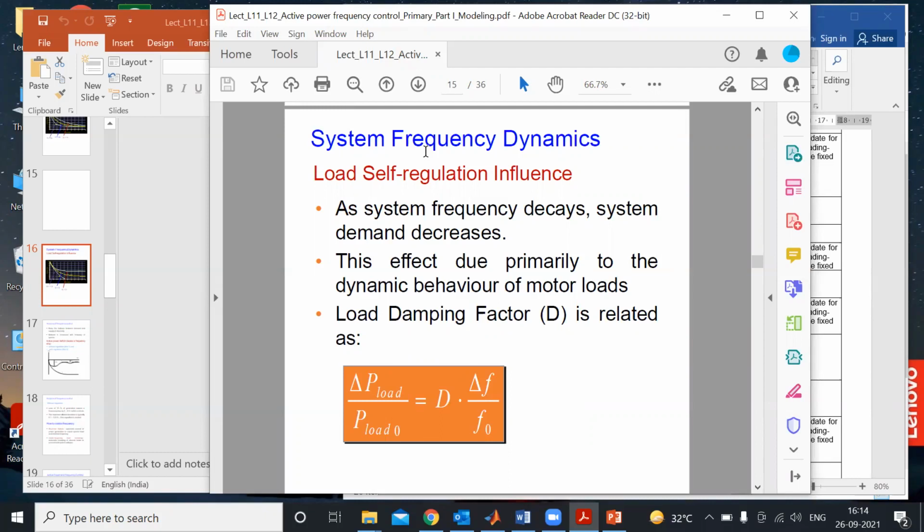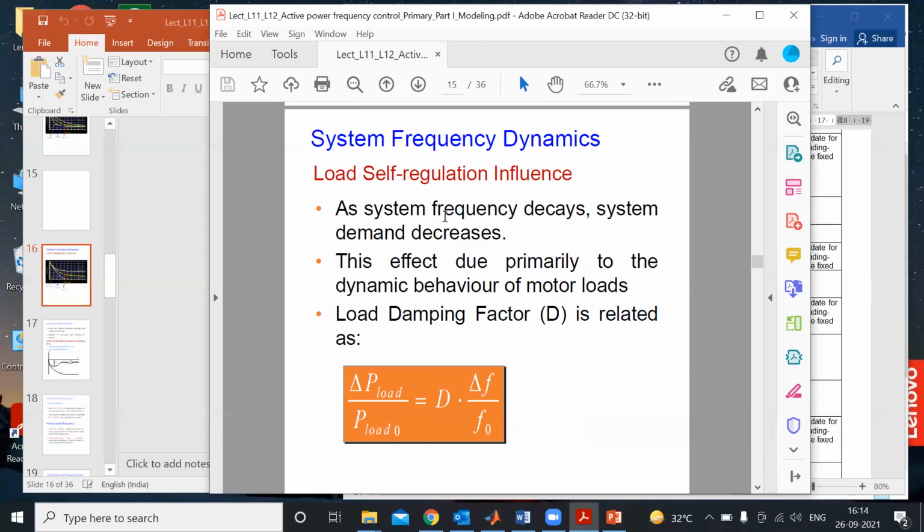And the third one, now we discuss, is the load damping factor, which I think earlier also we have had some discussion on, how it will influence the improvement. Perhaps it is an improvement, and that's why it is referred to as load self-regulation. So when we have the system frequency decay, demand will decrease.